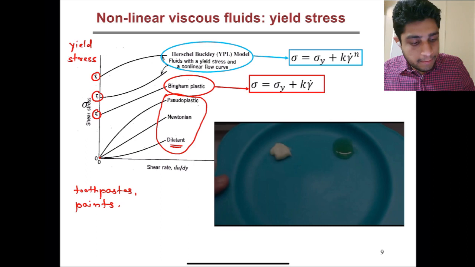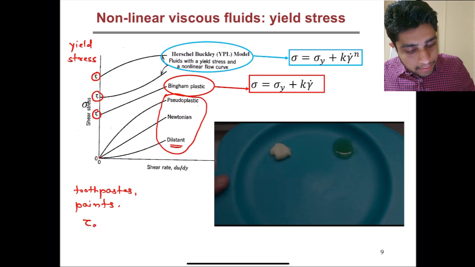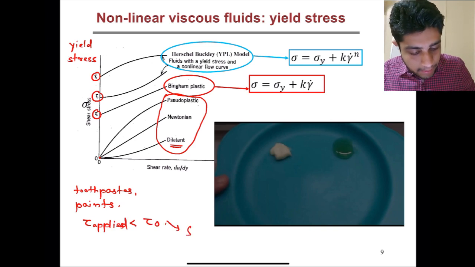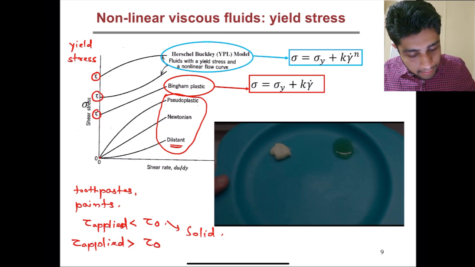and if the applied stress is smaller than the yield stress tau naught, then the material behaves as a solid. But if the applied stress is larger than the yield stress, then it flows and behaves like a liquid.